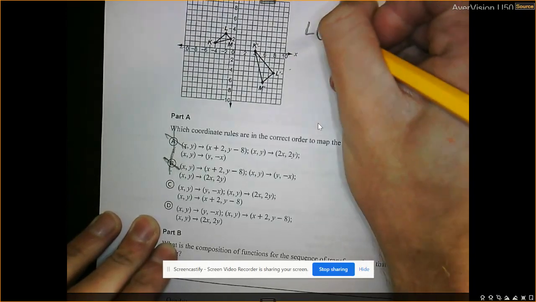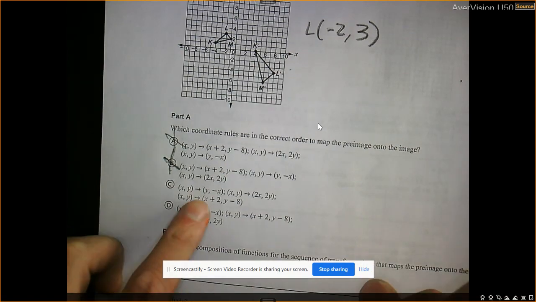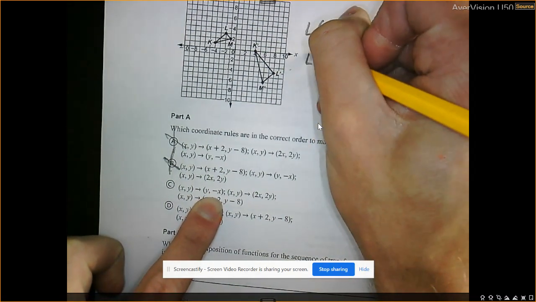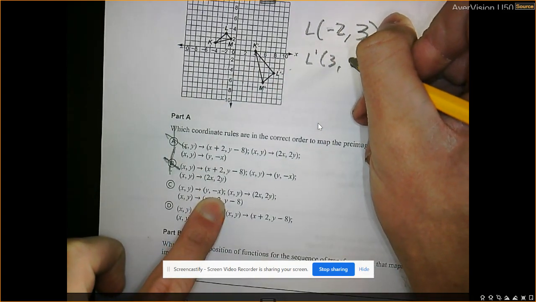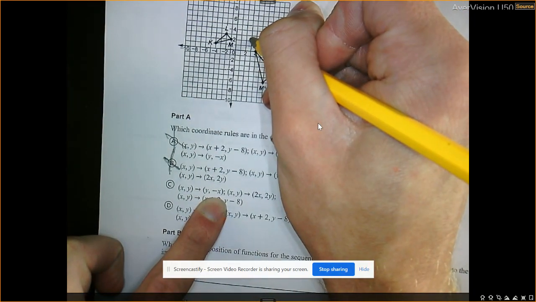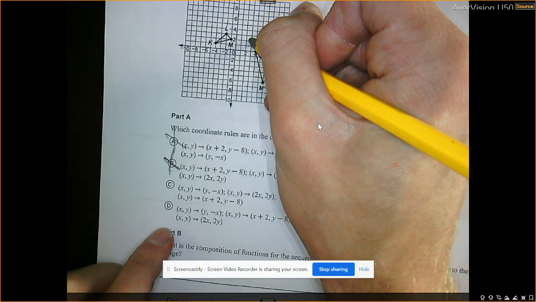Negative 2, comma 3. If I'm rotating it or changing it, that's going to make it become L prime at 3, and then I'm changing the sign of my x, so 3, 2. So that would be like right here. Okay, this seems like it could be promising.